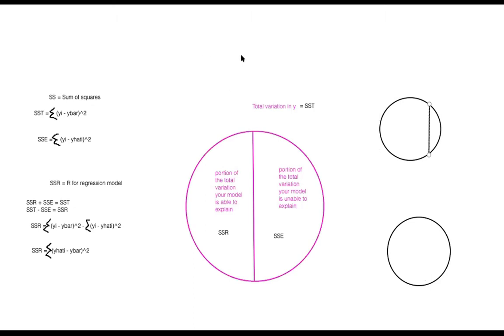And here you have SSE, and then SSR is right here. And you might have the complete opposite scenario where SSE is large relative to SSR.